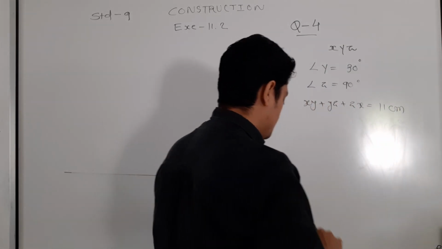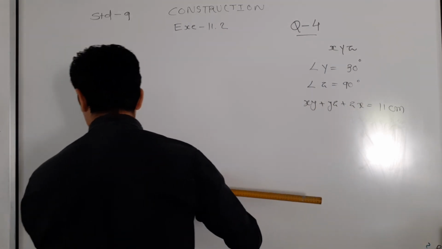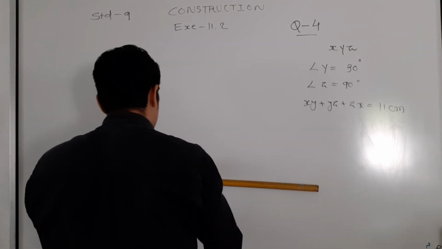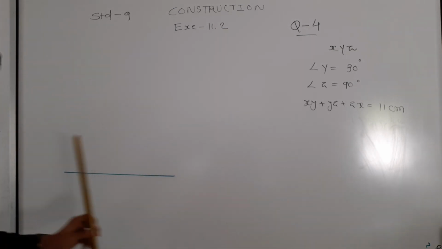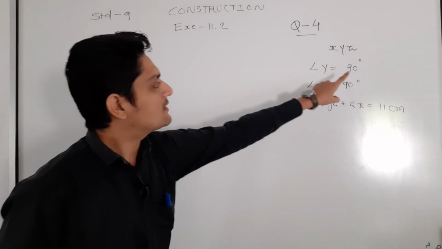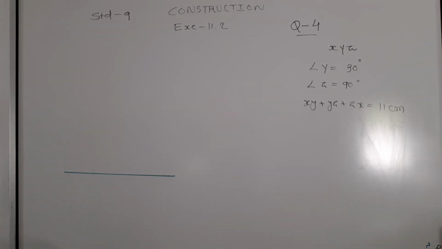Now 2 angles we have to construct. As you can see, Y is 30 and Z is 90.